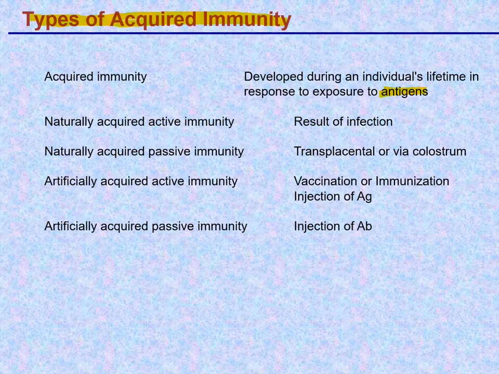Now, immunity can be acquired naturally, and it may be active immunity. This is the kind of immunity that is the result of an infection. You get infected with a particular microorganism, a bacteria or a virus, and your immune system responds.